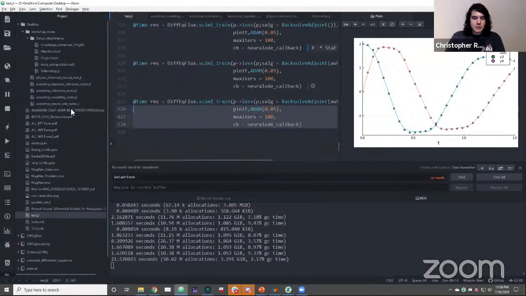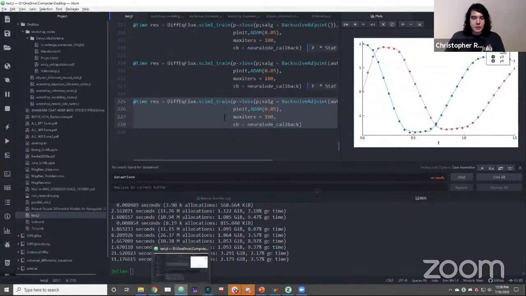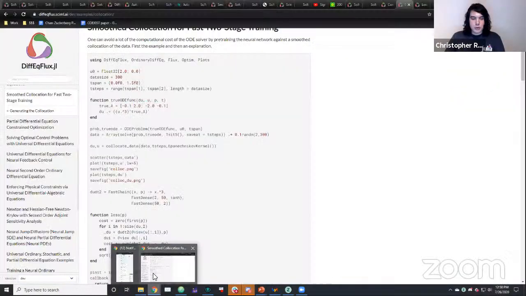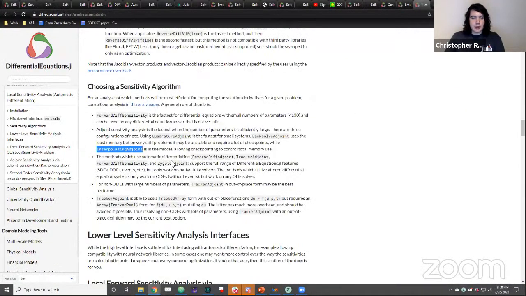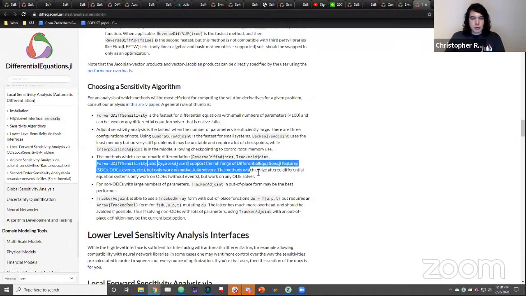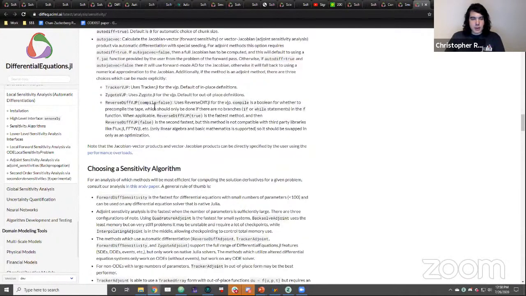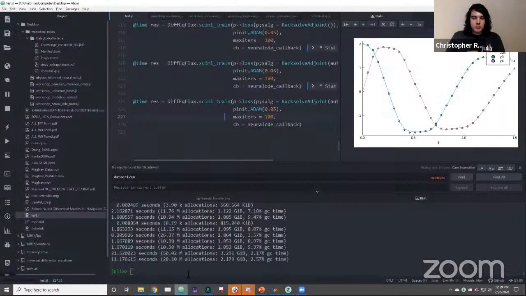But there's this command in here that I can use where I can say true, where what this is doing is, it can trace through your equation, figure out if there are no branches, and pre-compile a very fast version for scalar equations and all that. So if you have a lot of scalar operations and you do not have branches in there, ReverseDiffVJP true is a very good one to make use of.